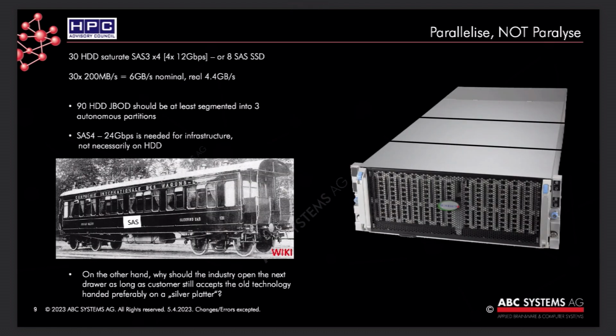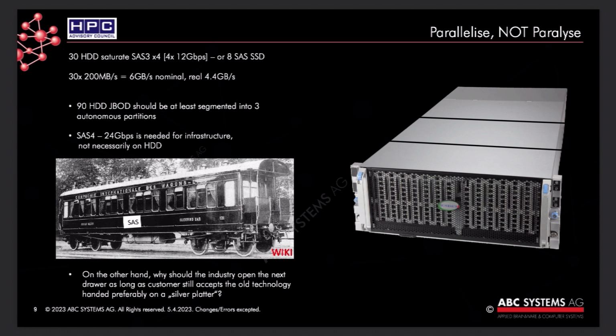And when we go to the SAS industry, I always tell them, listen, are we still in the sleeping car? Because what's going on with SAS? We don't need a SAS 4 interface at the moment on the disk side, because with just 30 or even fewer hard disks, you can saturate the 4-lane connector of SAS.